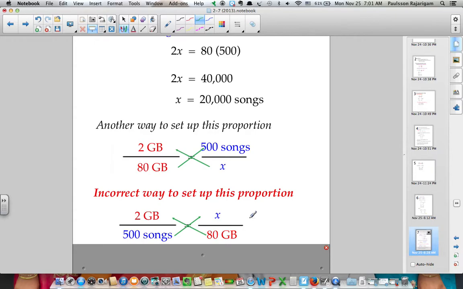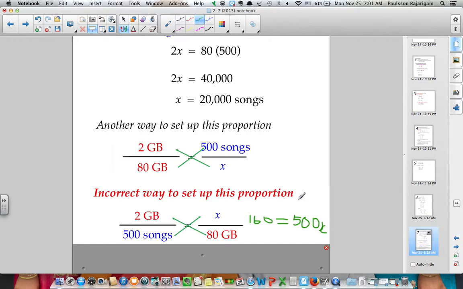All right, so it's going to be 160 equals 500x, and if I divide both sides by 500, I'm going to get a fraction.